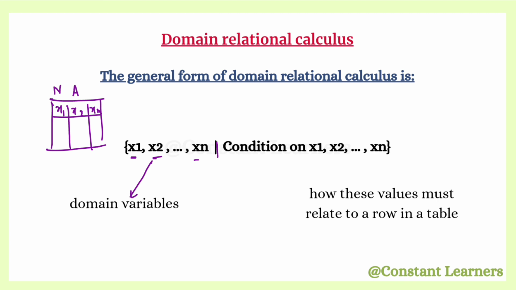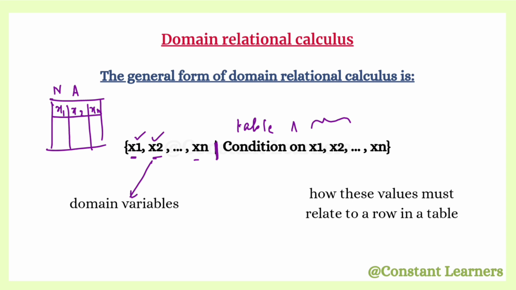Then we give this sign which is such that, and then we write the condition. The condition tells us two things. First is which table do these columns belong to, and whatever condition we wish to use to display the output, right? What condition must these variables satisfy in each row such that they appear in the output.